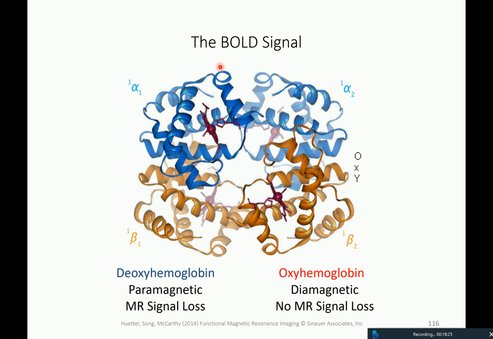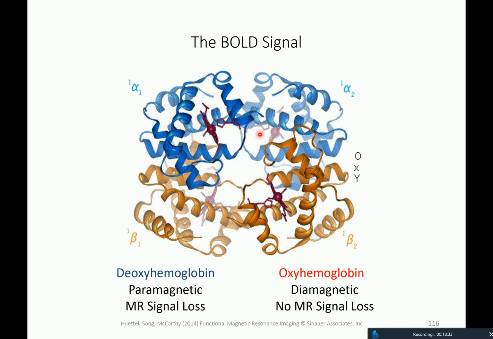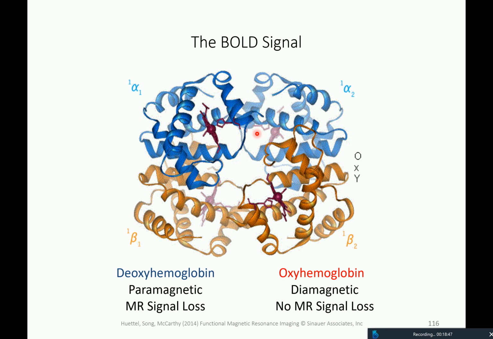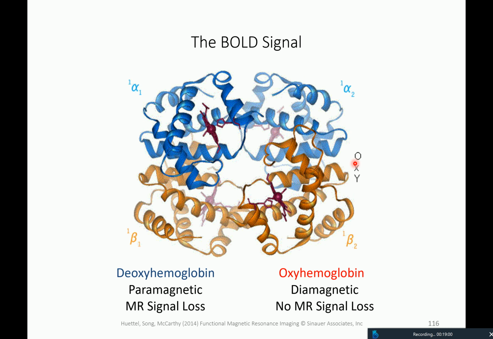The oxygen molecule itself is not shown here, but what is shown is these amino acid chains, so the alpha and beta chains, and how the configuration of these chains and the heme groups with the ions changes when the oxygen binds or doesn't bind to the molecule. So you see here on the side the deoxy and the oxy state, and the fundamental thing that you should see from this is that the overall configuration of the hemoglobin molecule changes.